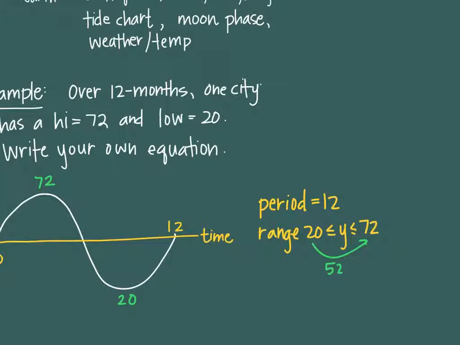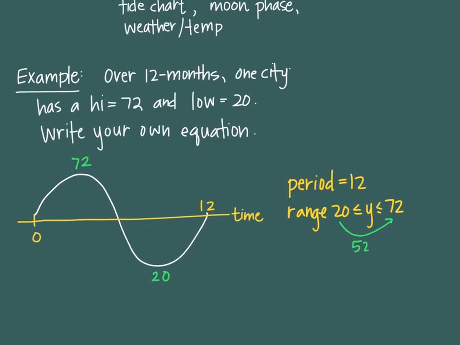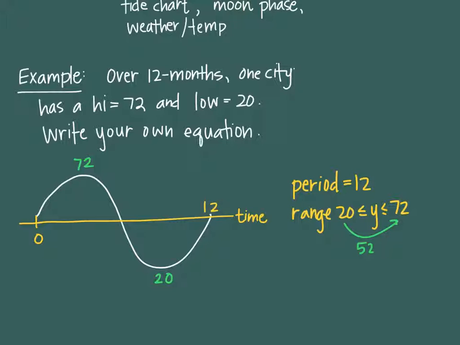26, exactly. Okay, so you can figure out the amplitude, and you know that the amplitude now would be 26 that way and negative 26 down.